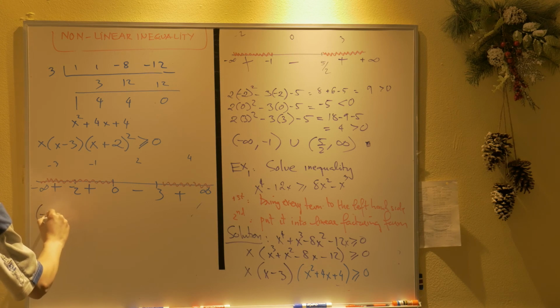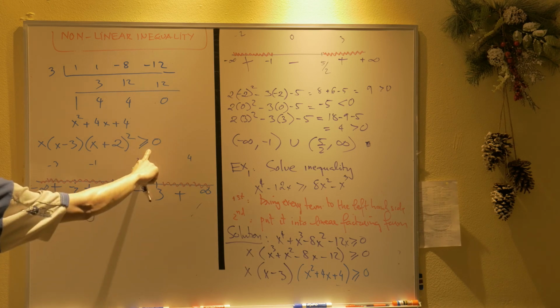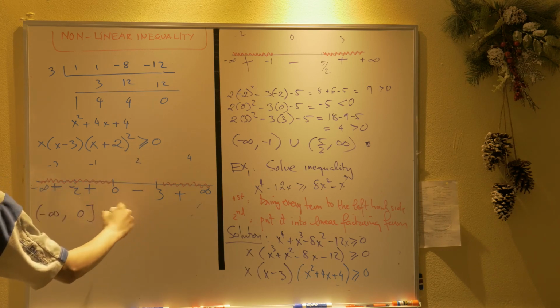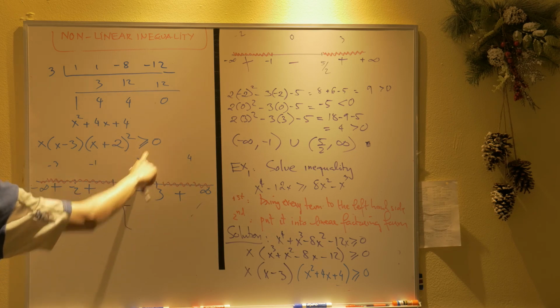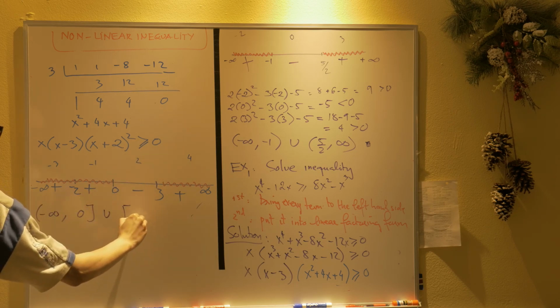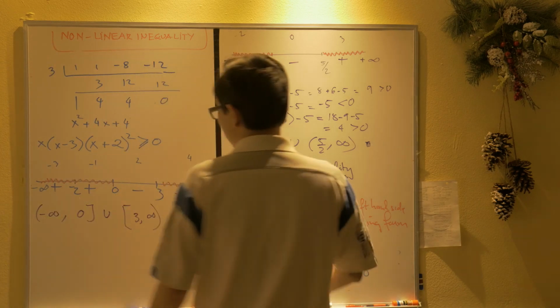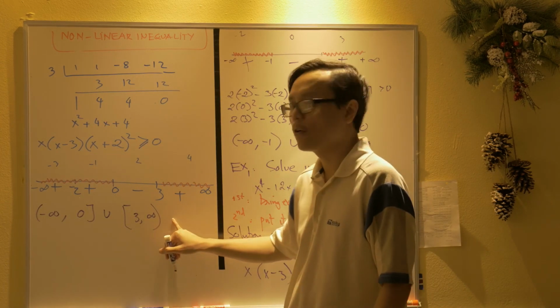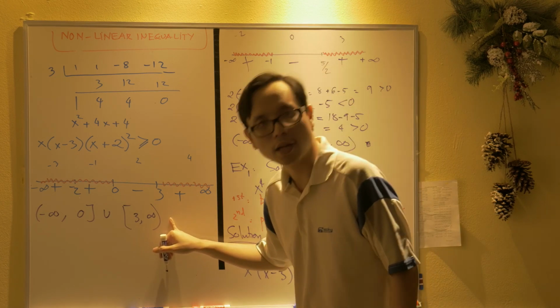So my final answer will be negative infinity to 0, including 0 because it's an equal sign, union 3 to infinity, with a bracket on 3 because of the equal sign. This is the interval notation for the solution of this polynomial inequality.